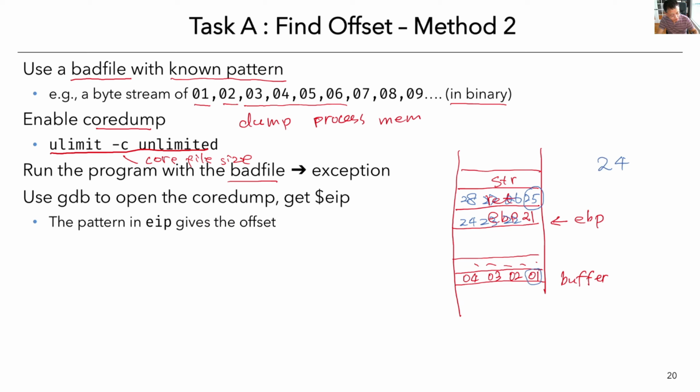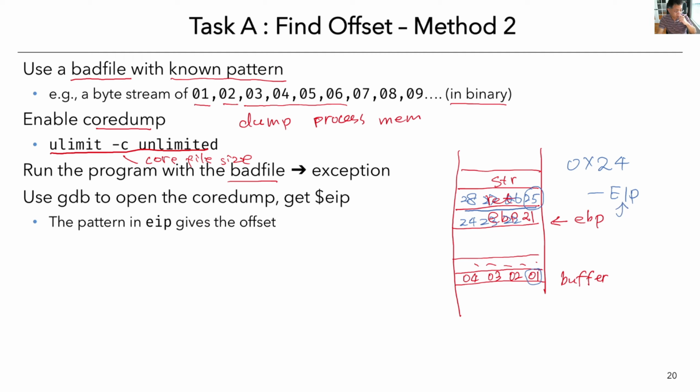Then when the exception happens, you look at what's in EIP, right? The exception happens when you try to return from this function. It means that you are going to jump to the return address to continue execution. So this address on the return will be loaded into EIP.